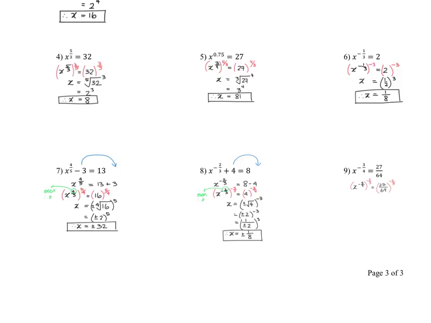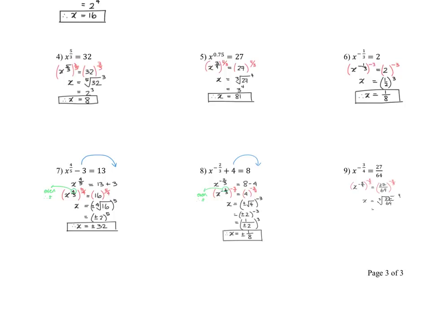So on our left side, we are going to be left with just x. On our right side, we're going to be left with the cube root of 27 over 64 raised to the exponent of negative 4.